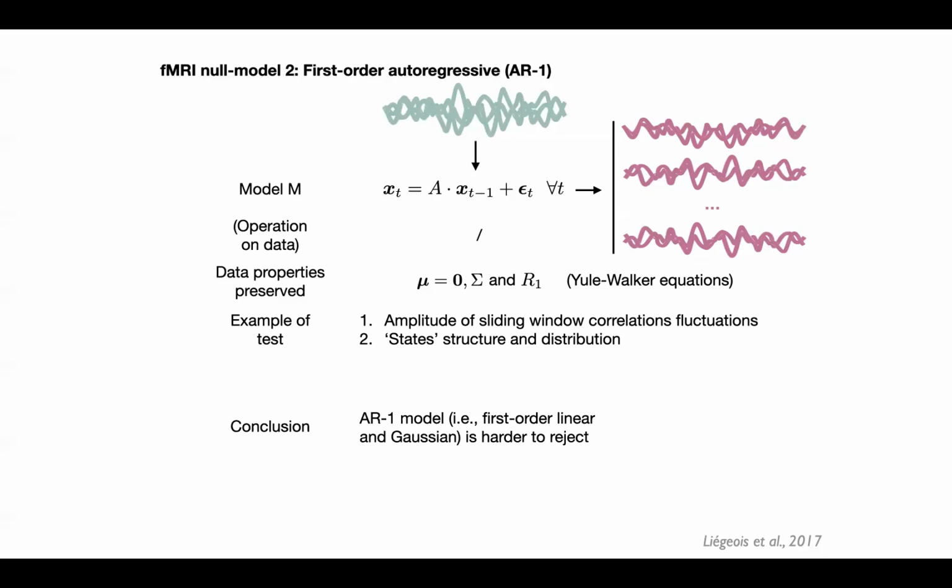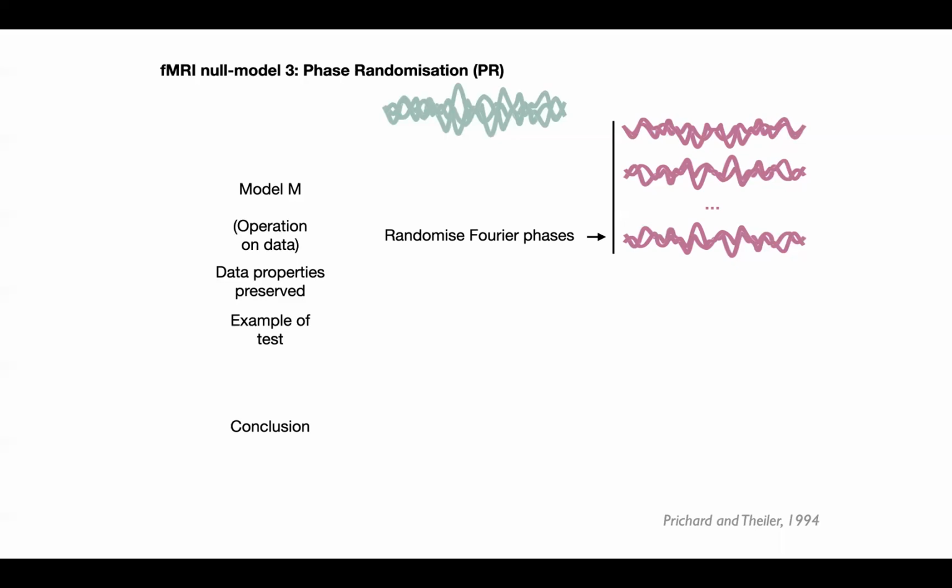And finally, I'm going to be maybe a bit quicker here, but I also wanted to mention phase randomization. That consists in taking the original data and randomizing the phases in the Fourier representation of the original data. And here, it's important to be aware of which underlying model we are actually testing for, because that allows us to compare and to know whether we want to use phase randomization versus AR1 versus multivariate Gaussian.